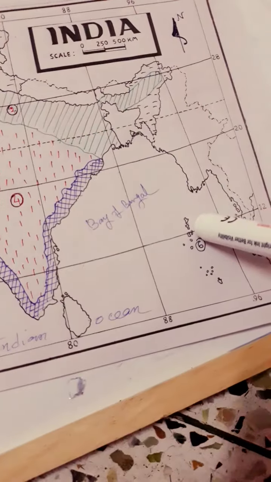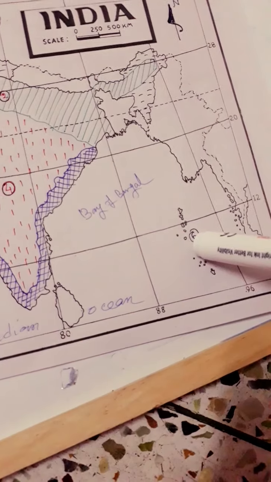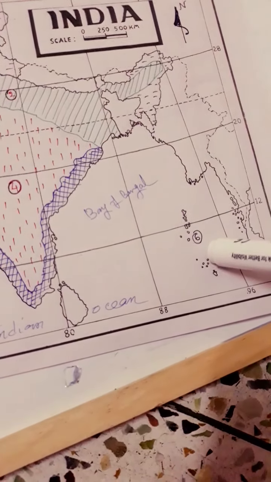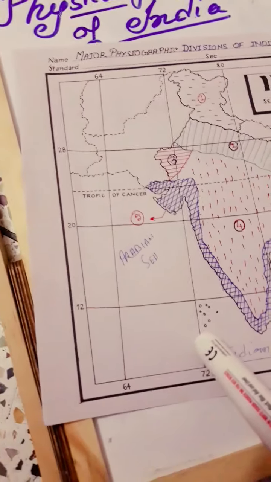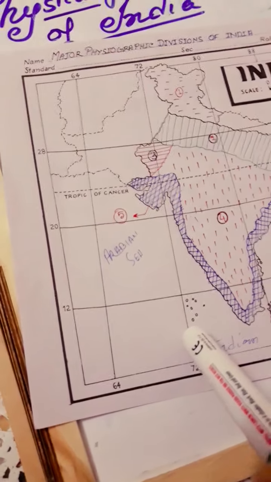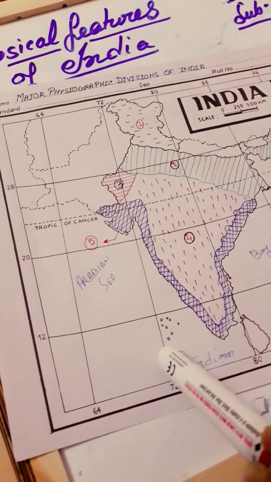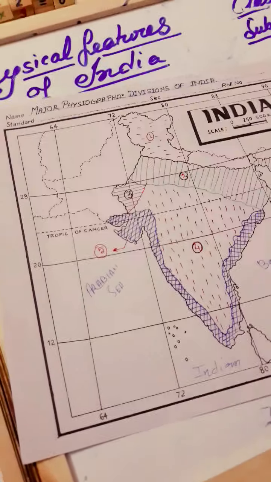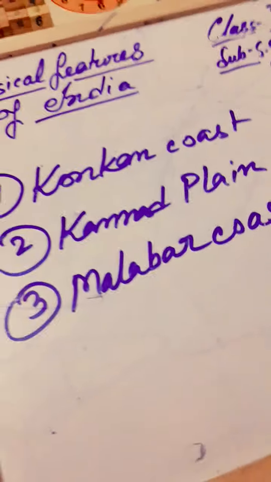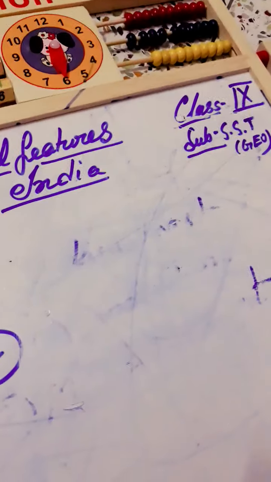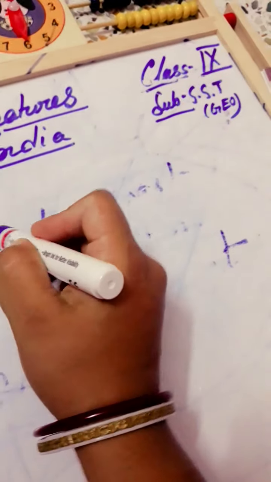So this portion which I have demarcated with number 6, these are known as the islands, and from this portion there are some islands also. There are mainly two types of island groups in India. What are those groups? Number 1, Andaman and Nicobar Islands.